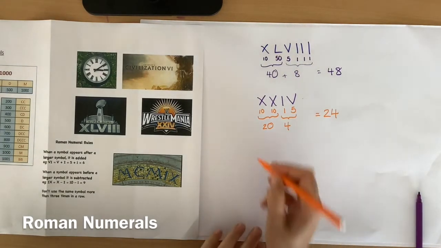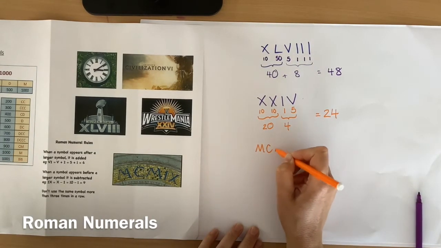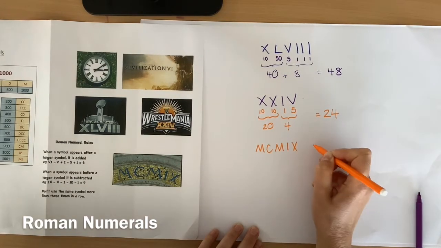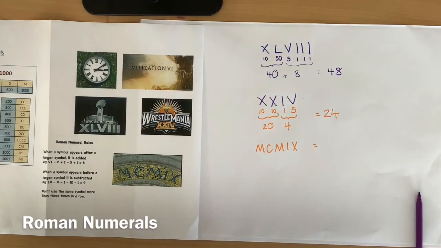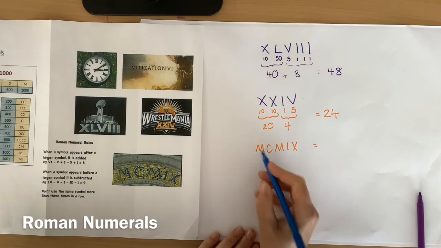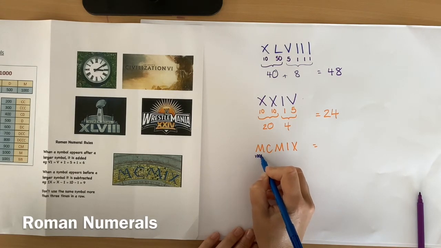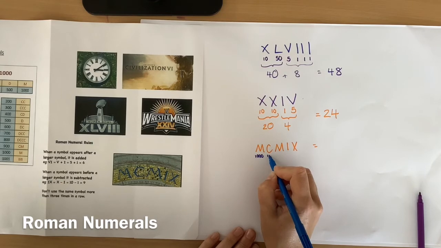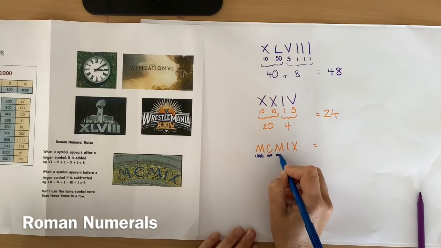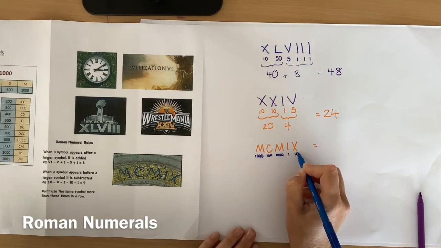And then the last one, this one is MCMIX. And if you watch the TV, sometimes at the very, very end, after all the credits, it shows the year it was made in Roman numerals. I think that still happens. So M is 1000, because a millennium is 1,000 years. C for century is 100. There's another M, there's a 1, and there's a 10.